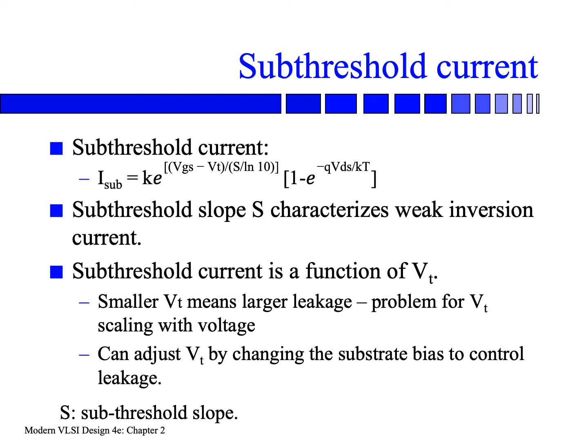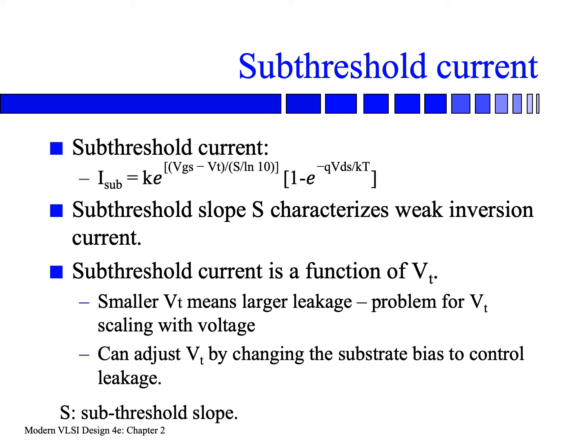Also, we can adjust the threshold voltage by changing the substrate bias, which is one of the important ways we can change the substrate voltage, as we mentioned before. In this way, we can somehow control the leakage.